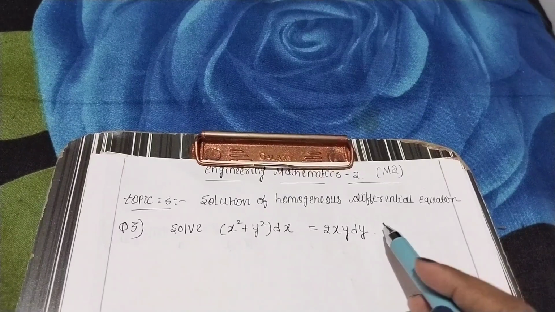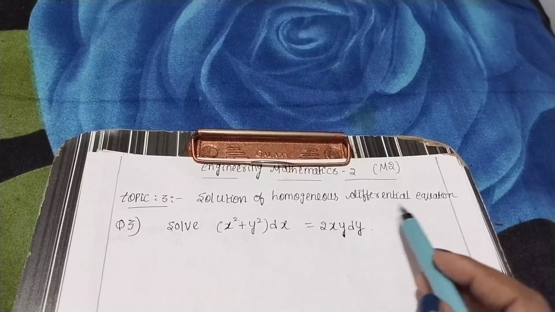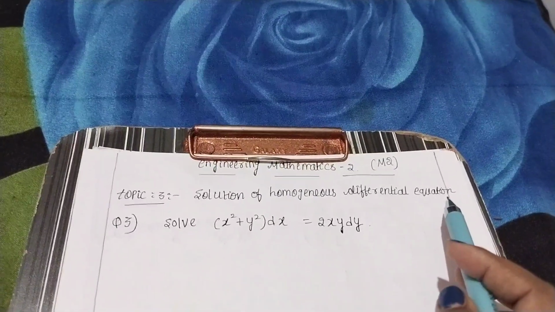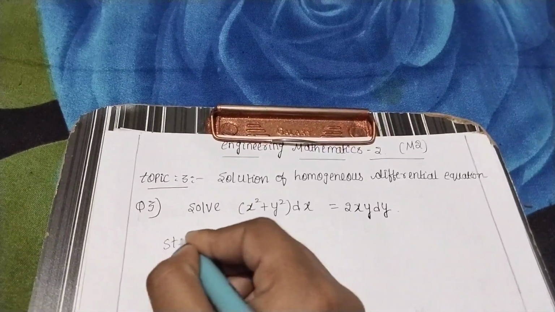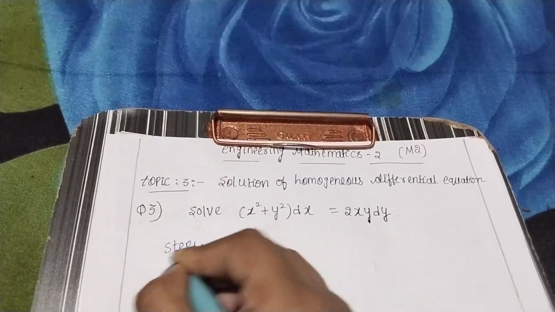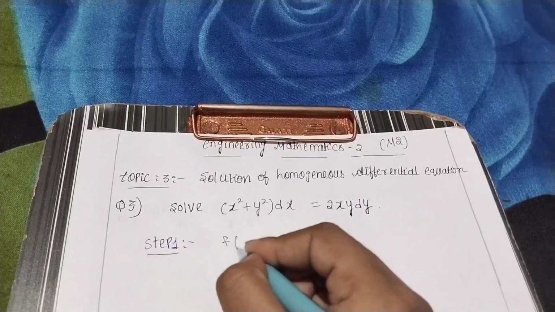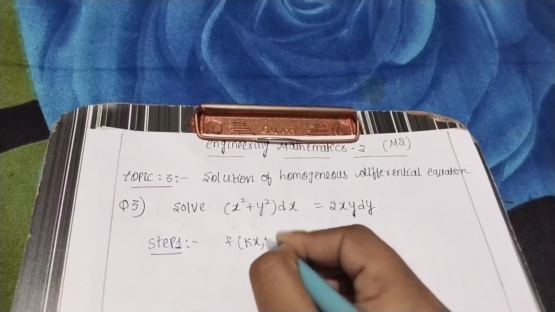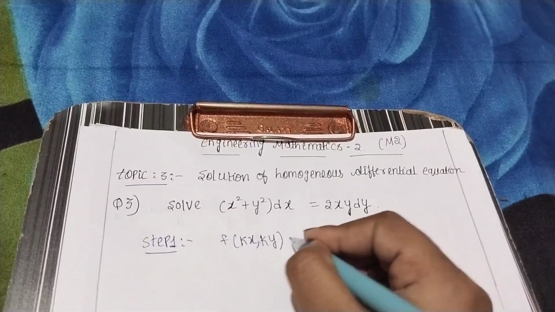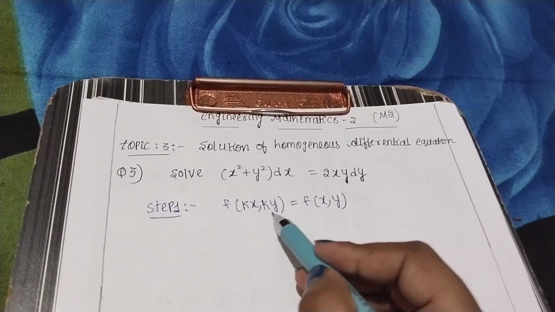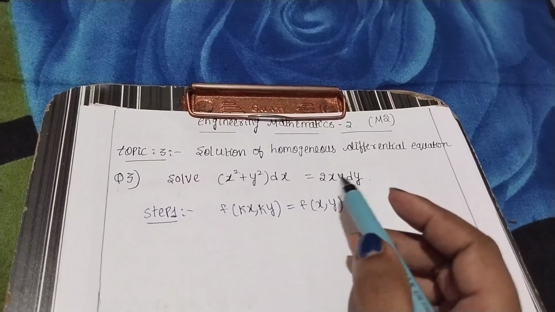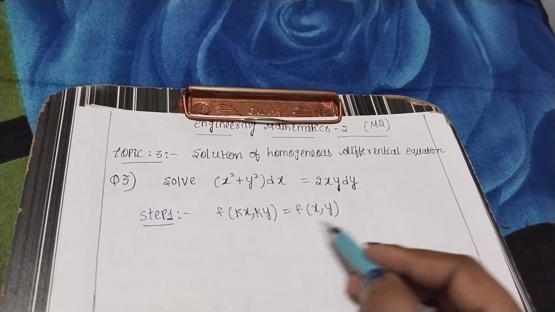The first step of the homogeneous differential equation process is to find out whether f of kx comma ky equals f of x comma y. So let's substitute f of kx comma ky in f of x comma y, and we should get the same f of x comma y.